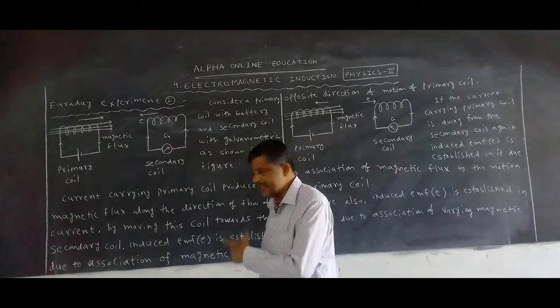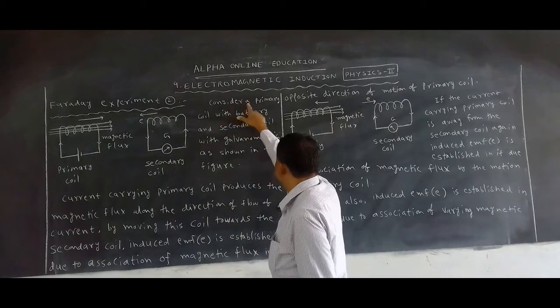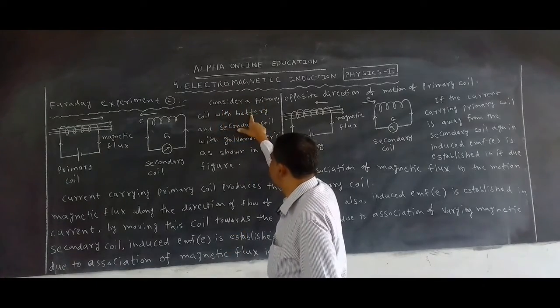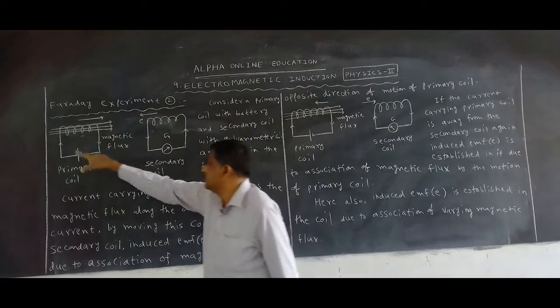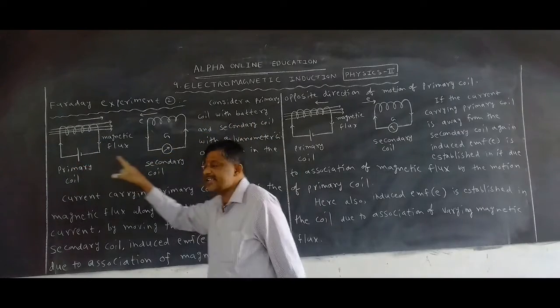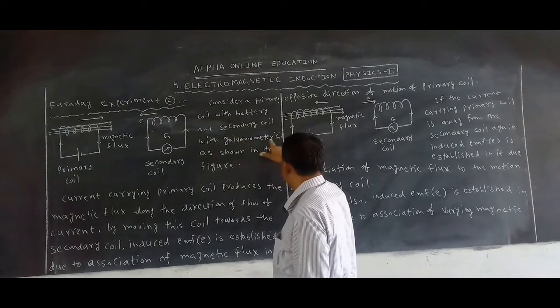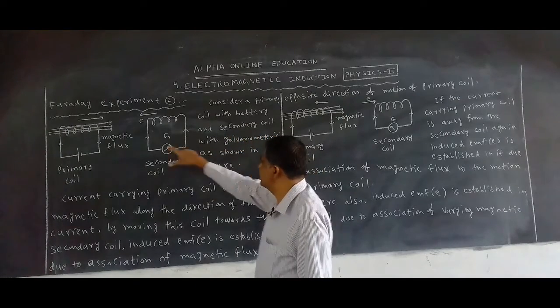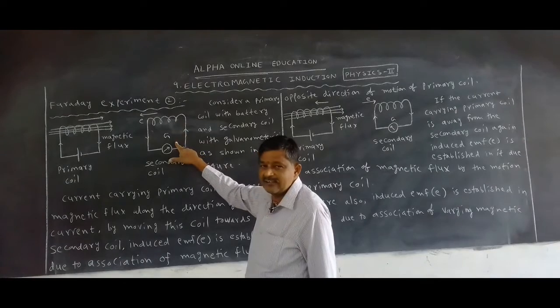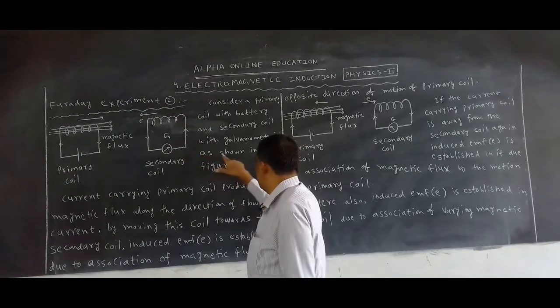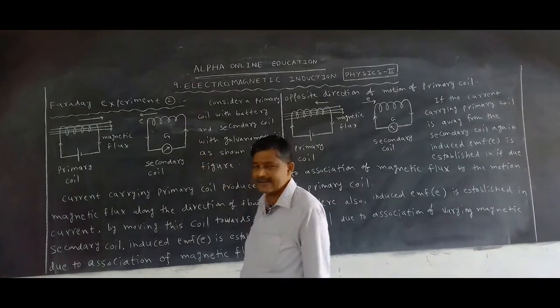That is what I mentioned here. Consider a primary coil with a battery and a secondary coil with galvanometer G, as shown in the figure.